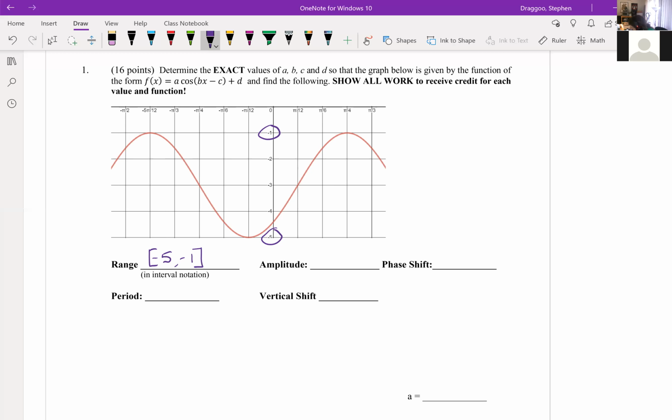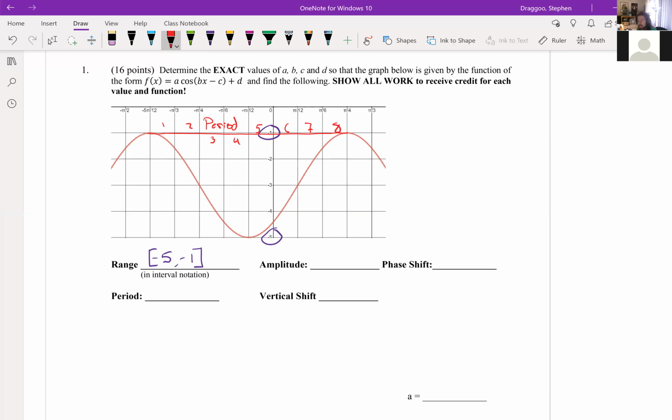Next, if we're looking at that period, it's going to be that distance between two maximums or between two minimums. And if I count the number of boxes, there are 1, 2, 3, 4, 5, 6, 7, 8 boxes in between that maximum and that other maximum.